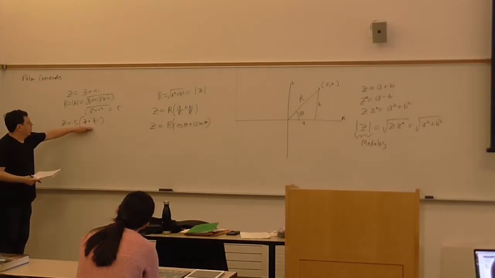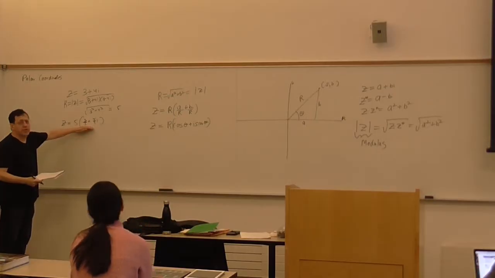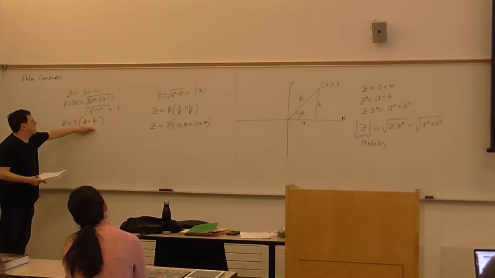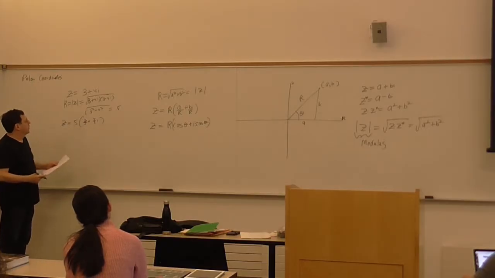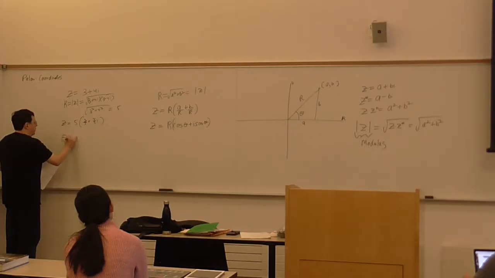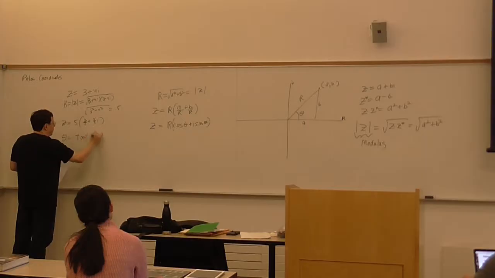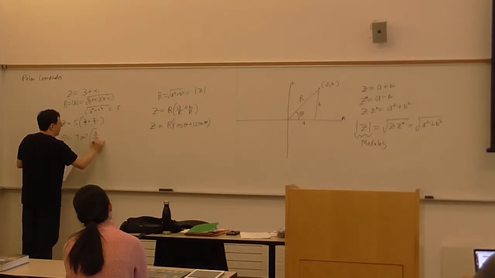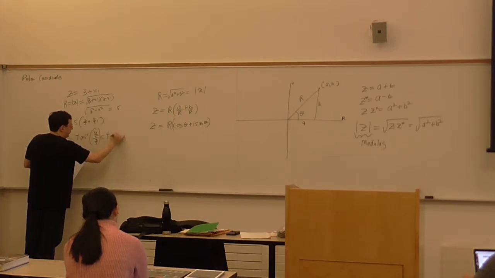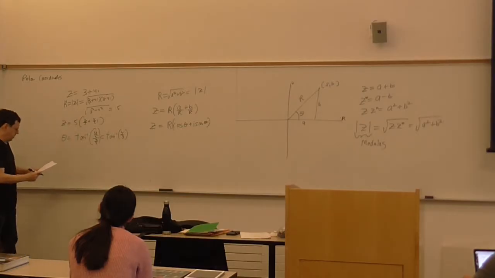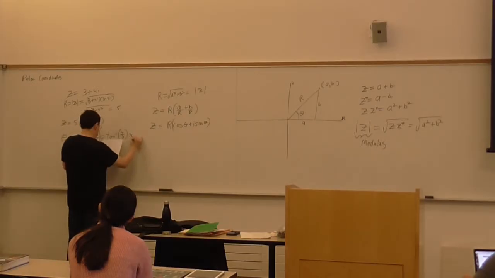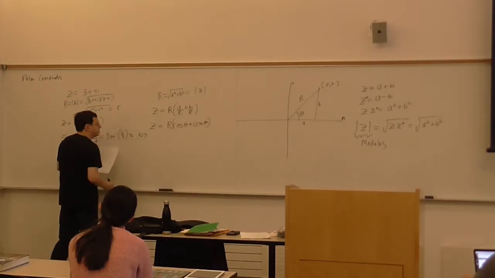Well, now we want to find out what theta is. Well, we have an x and a y here. So theta is the inverse tangent of y over x, which is 4/5 over 3/5, which is inverse tangent of 4/3. And in radians, that's approximately 0.927.